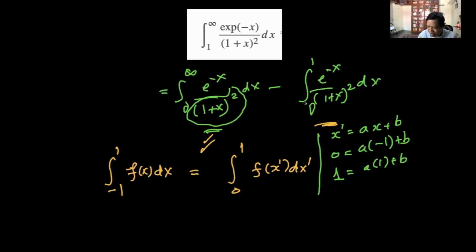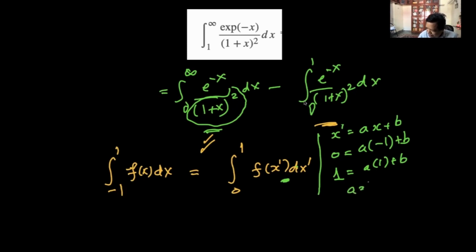I will not do this algebra, but you just make a change of variable. The formula is of course there in the notes. There will be some prefactor. So let me just do this part.